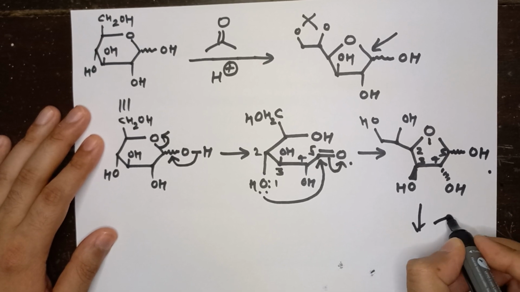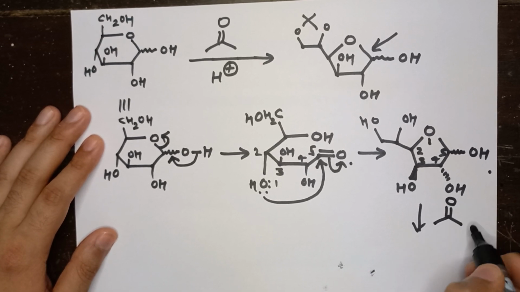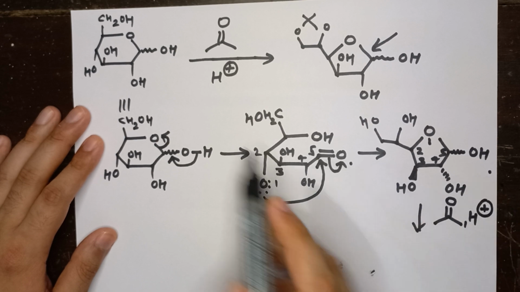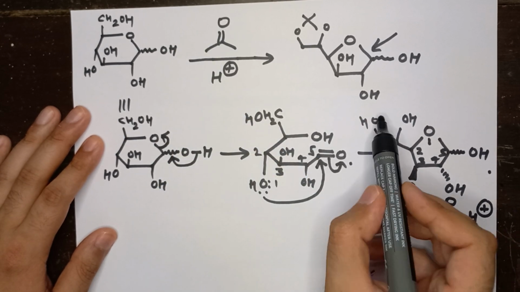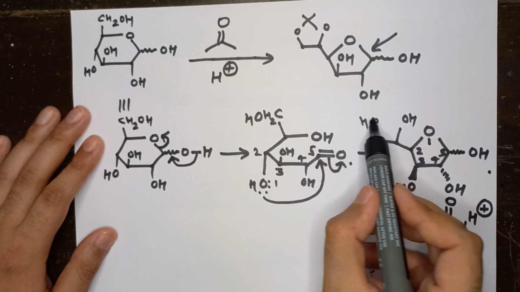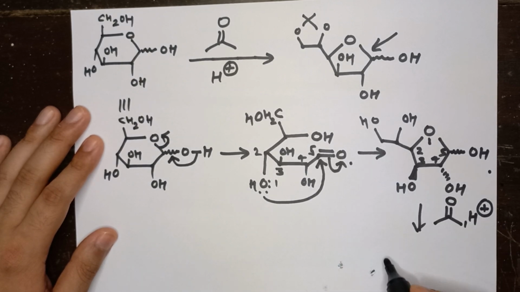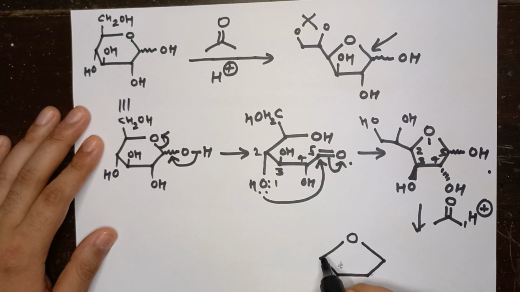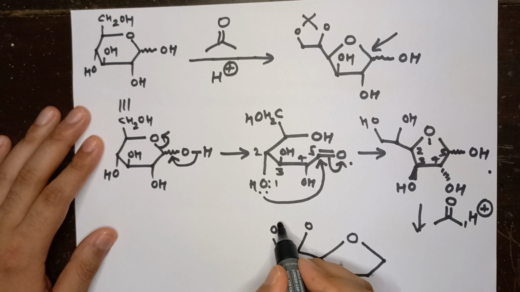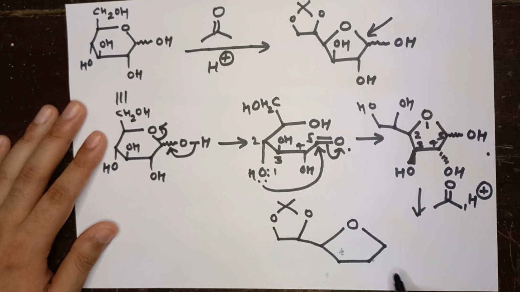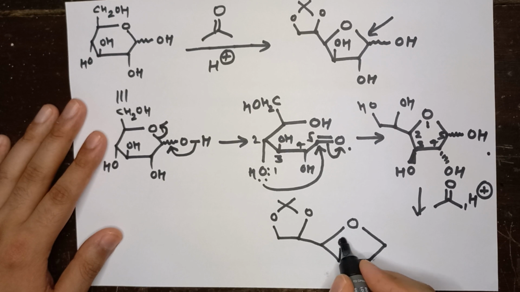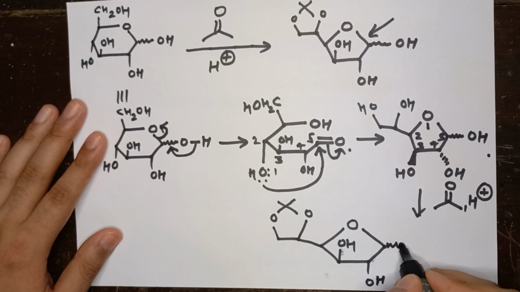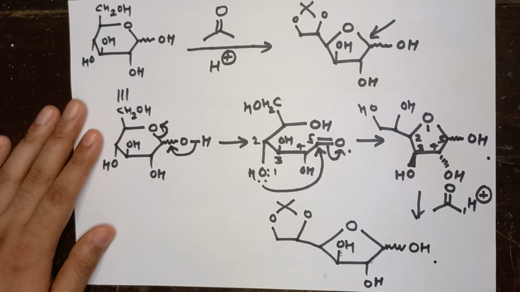Now you have acetone under acidic media, and you have a diol. Simply protect this, and the product will be: here OH above the plane, OH below the plane, and this OH can be above or below the plane.